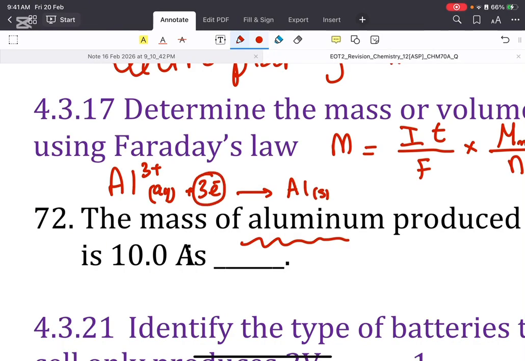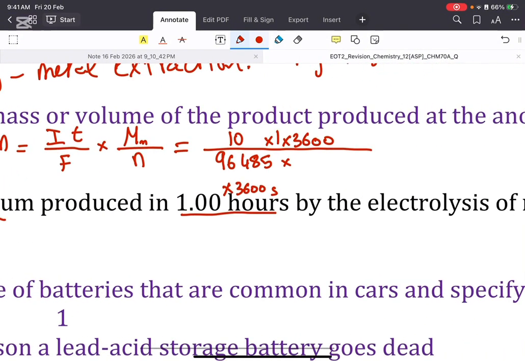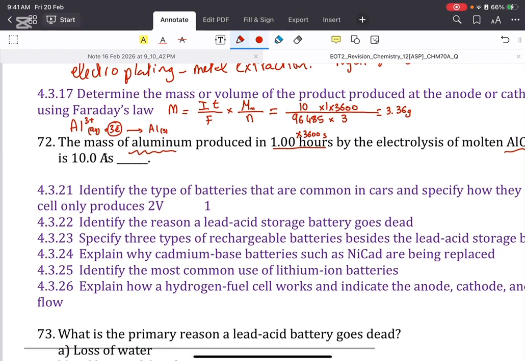So here I have n equal to 3 moles of electrons per 1 mole of aluminium. So plugging this into your calculator, the answer is going to be 3.36 gram.